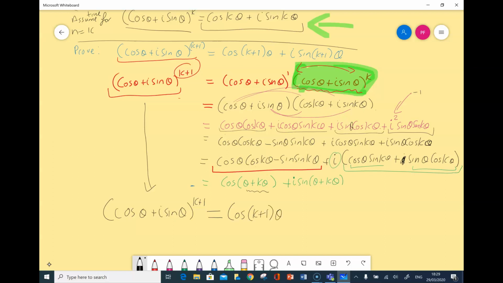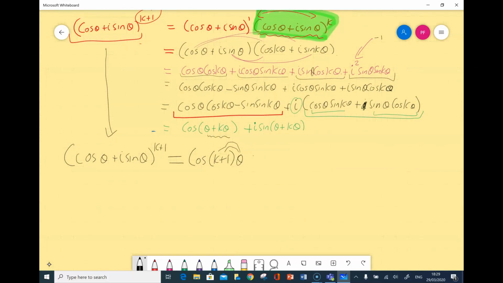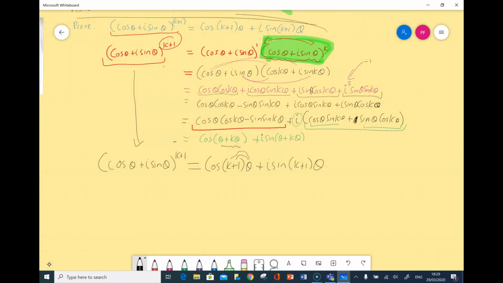Imagine if I multiply the theta back in, I'd get k theta and 1 theta. And finally plus i sin (k+1) times theta. Okay, so that's your proof. That's exactly what you're asked to do up here in blue. So it's true for n equals k plus 1, and then finish off in the usual manner.